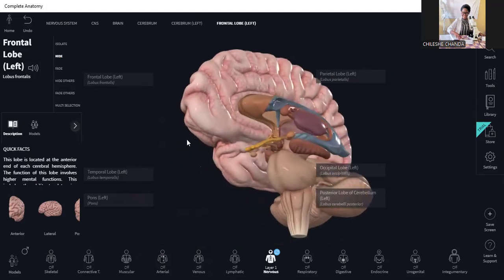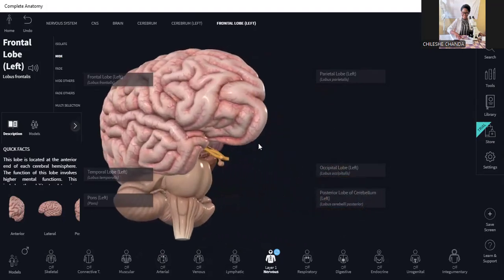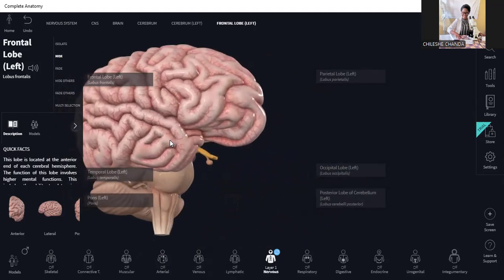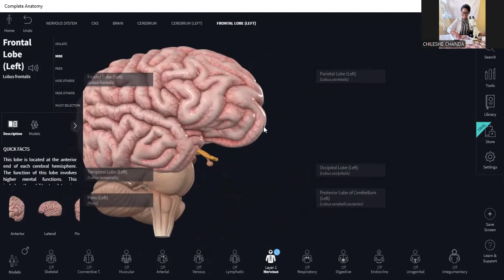The other thing you need to take note of is that each cerebral hemisphere has three poles. First of all, we have the frontal pole and the temporal pole, and these are the anterior-most portions of the frontal lobe and the temporal lobe, respectively.